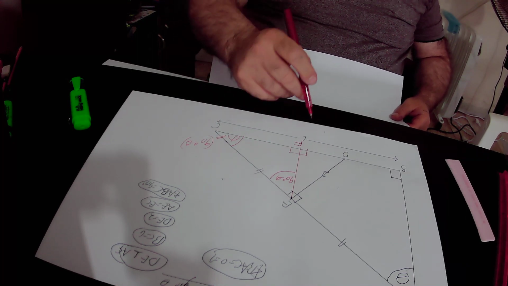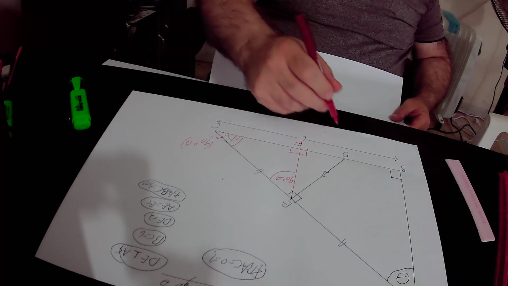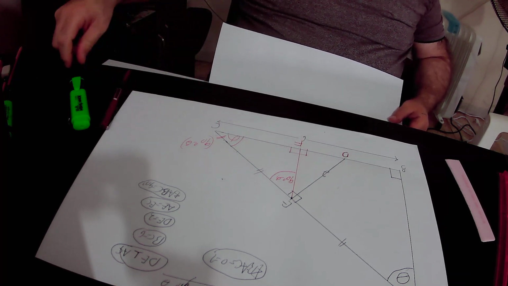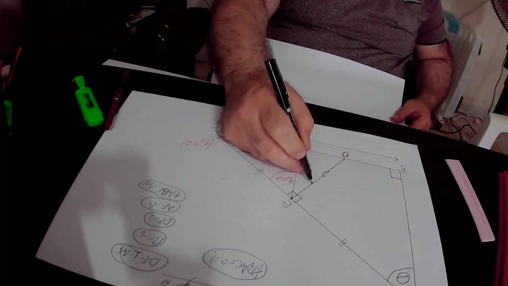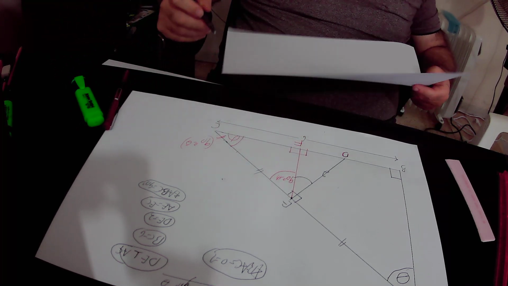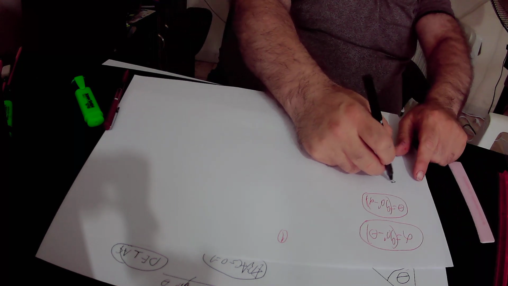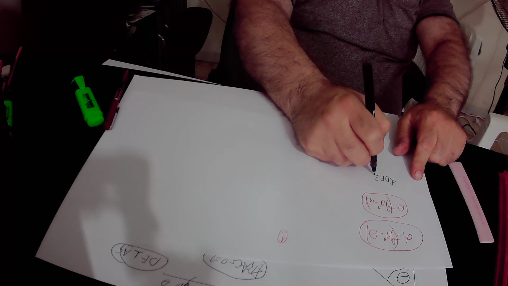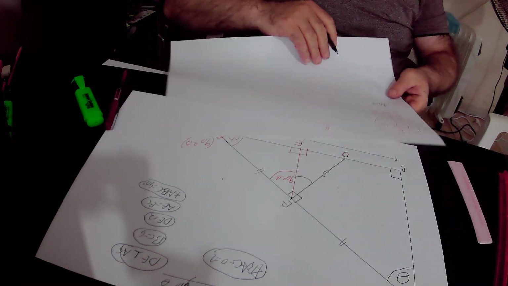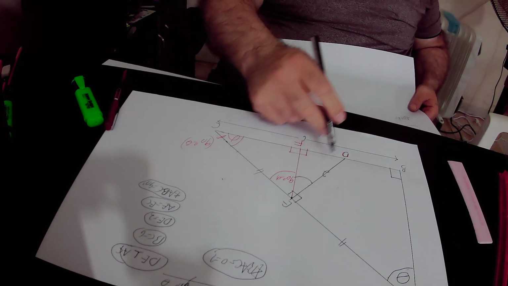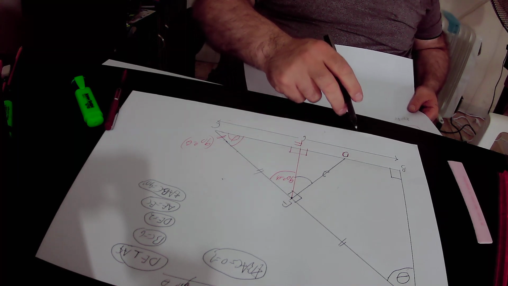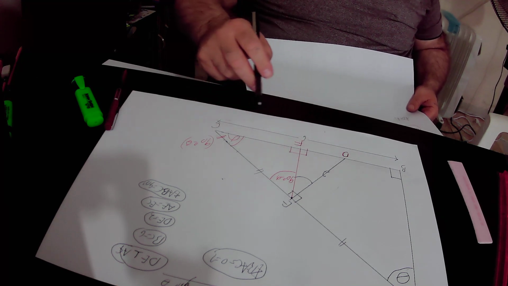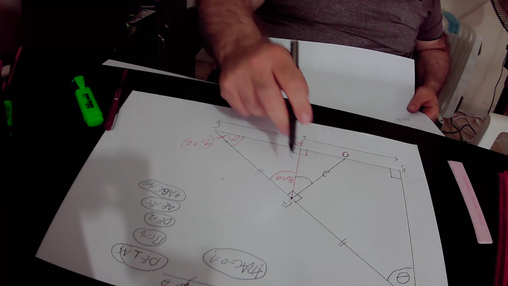And what is the size of angle DFE? Angle DFE is equal to angle DFC, the big angle DEC, minus angle FEC.